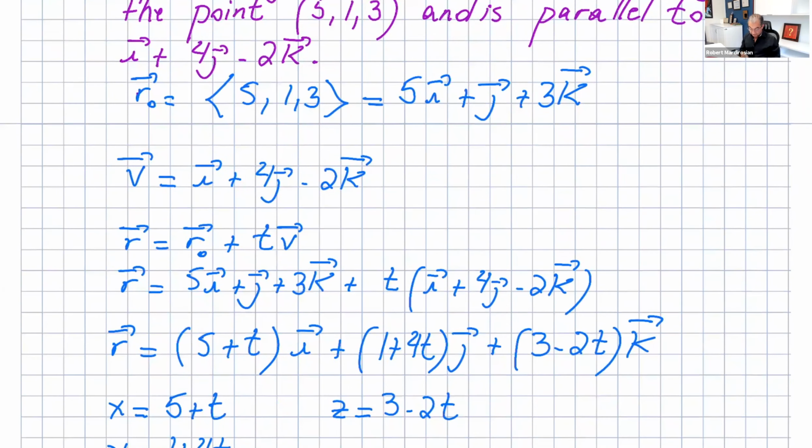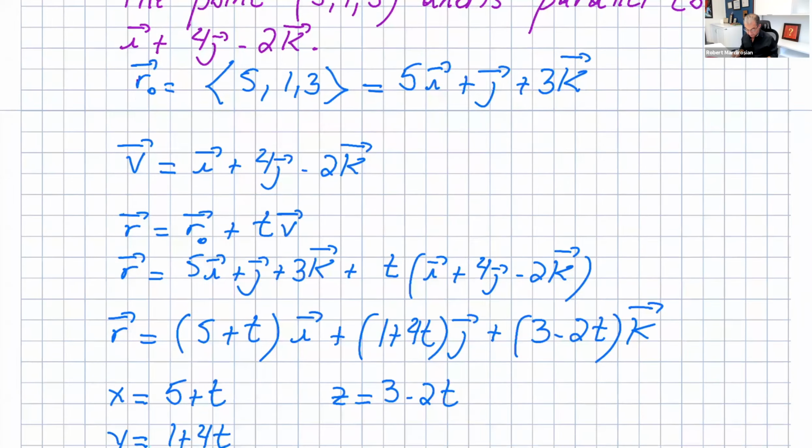Now if I write the vector equation, I can say r equals r naught plus t times v. So we have the components of r naught, plus t times our vector v. And again, you can separate the x, y, and z components, or just write it like that. So it's going to be 5 plus t times i, plus 1 plus 4t times j, and plus 3 minus 2t times k.